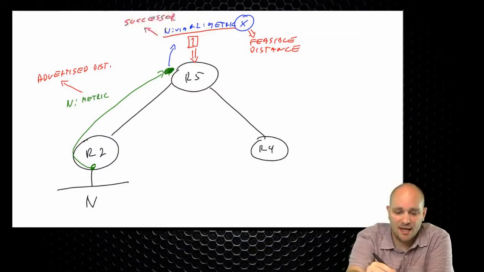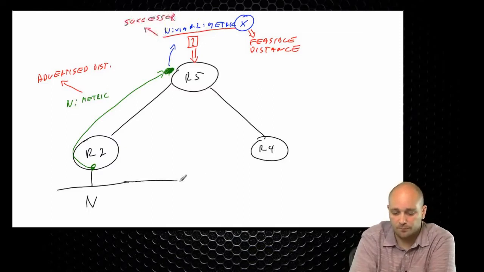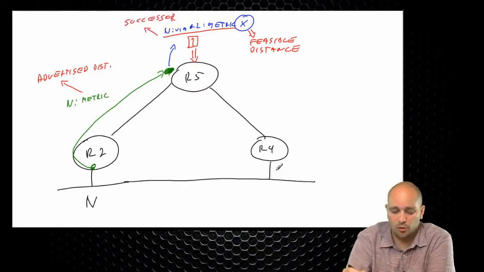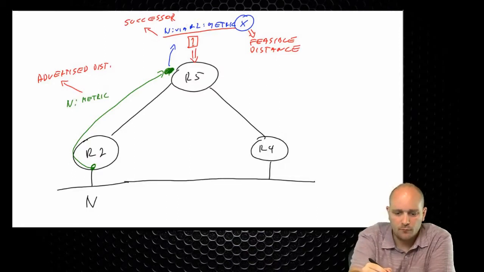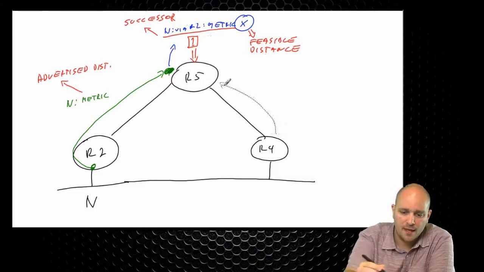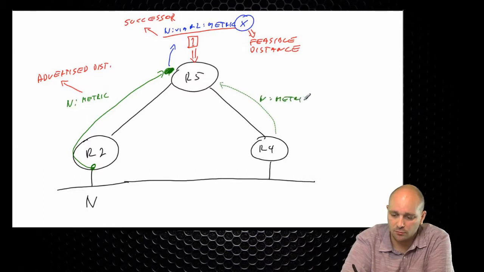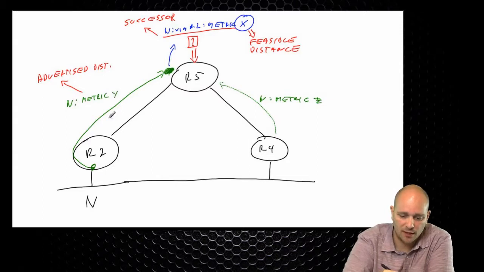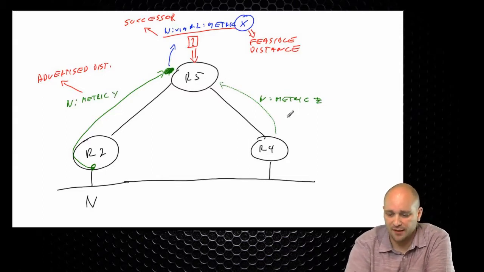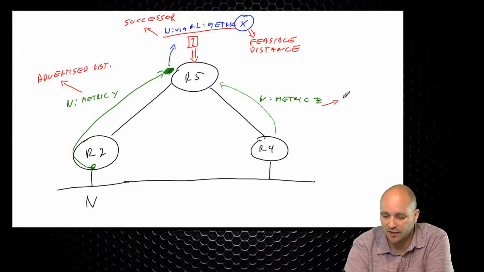Now, let's say that R4 here is also advertising this route, but with a slightly worse metric. And let's say here that this metric here is metric Z. So let's say that this was metric Y here. So this again, from R5's perspective, this metric is advertised distance.